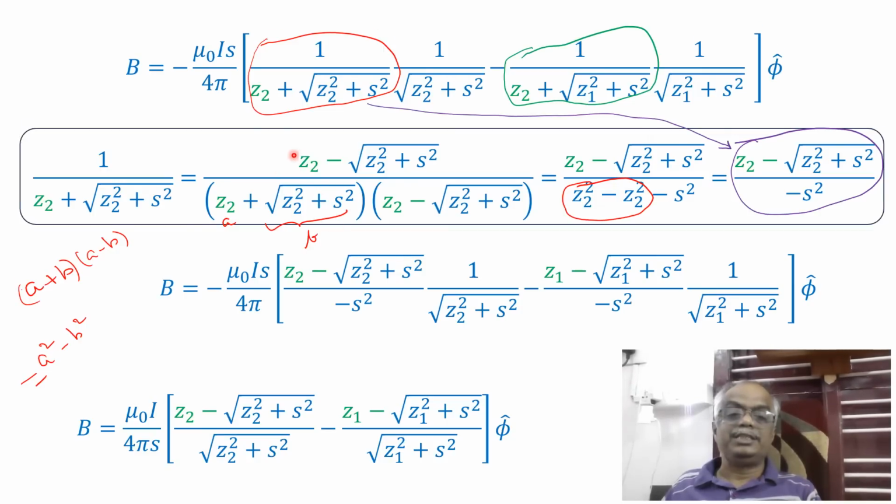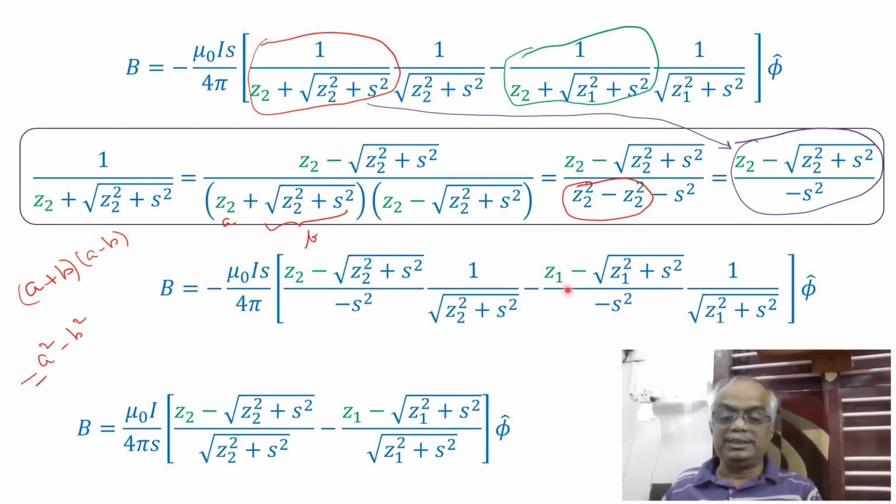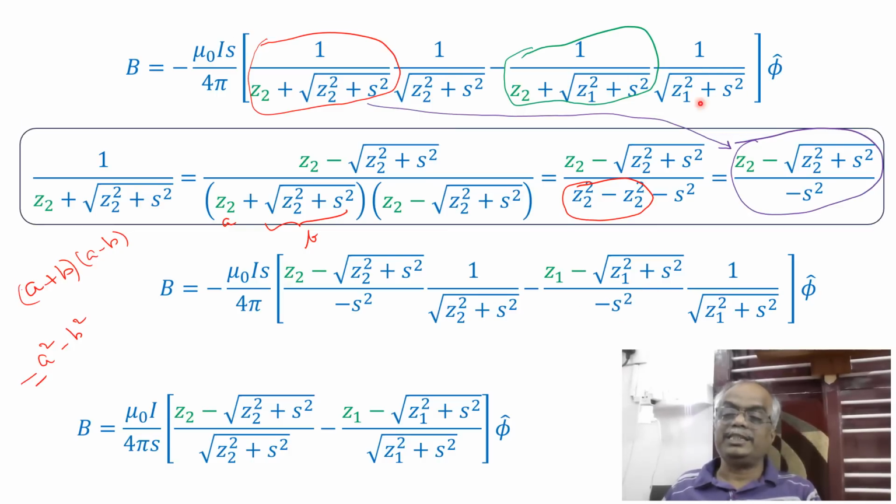So here instead of Z2, you will get Z1. That's all. This is equal to minus Z1 minus square root of Z1 squared plus S squared divided by minus S squared. The second term will come as it is, 1 over square root of Z1 squared plus S squared.